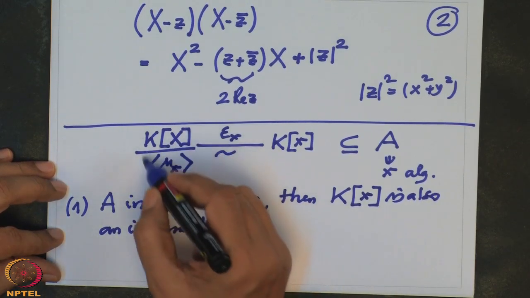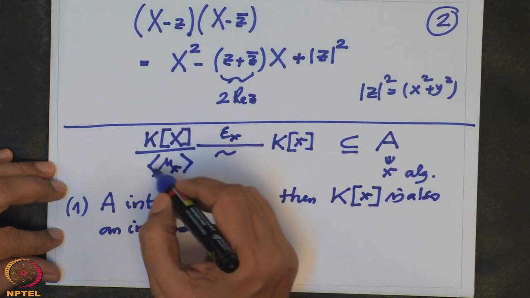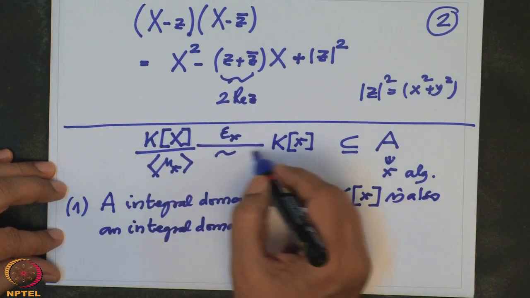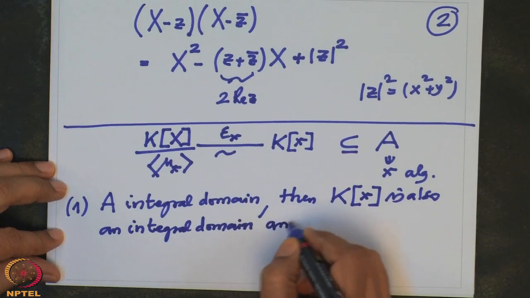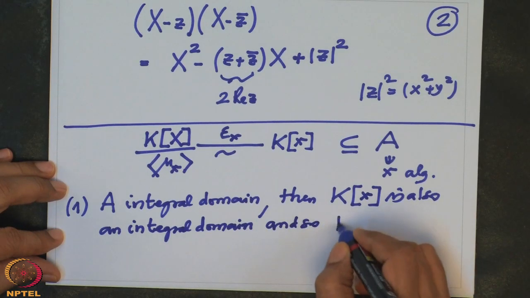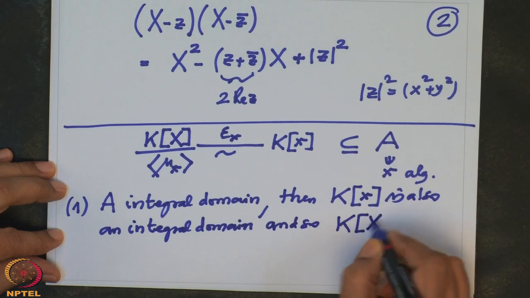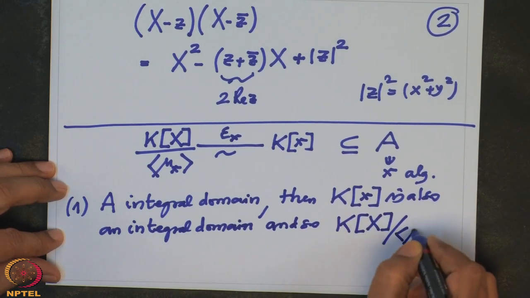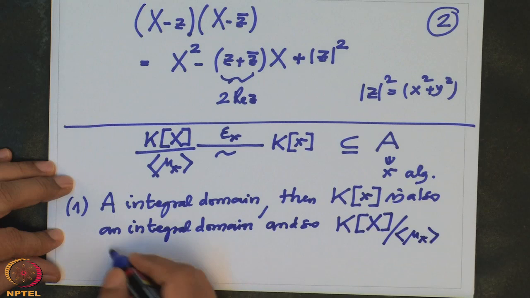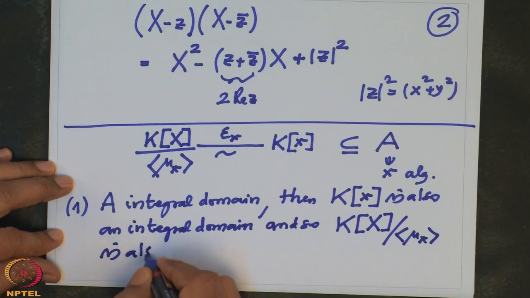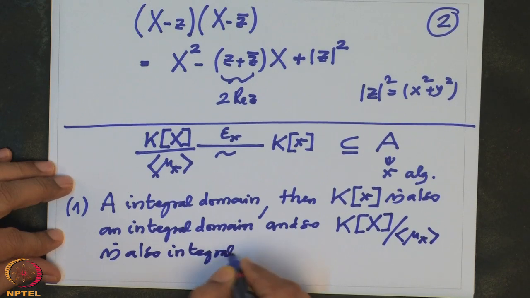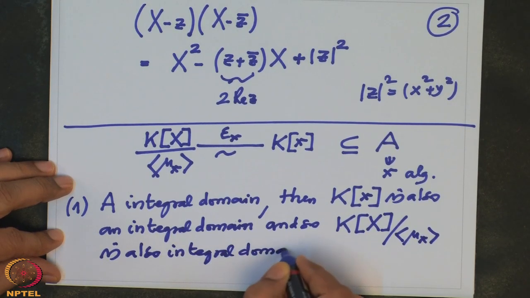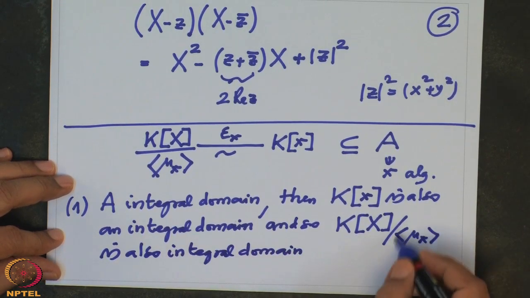That means this residue class algebra mod mu x is also an integral domain, because these are isomorphic algebras. So K[x] mod the ideal generated by mu x is also an integral domain. But that means this ideal is a prime ideal.